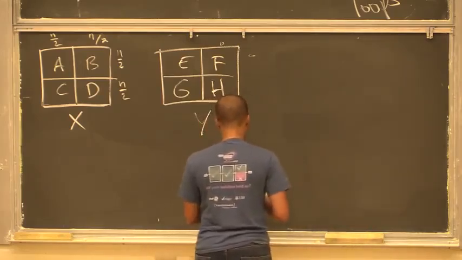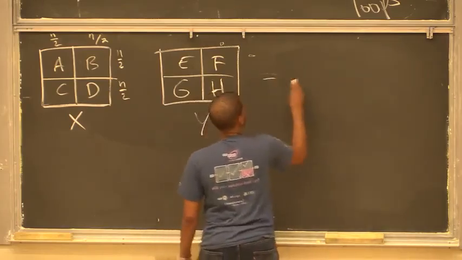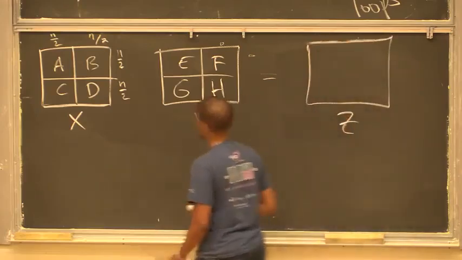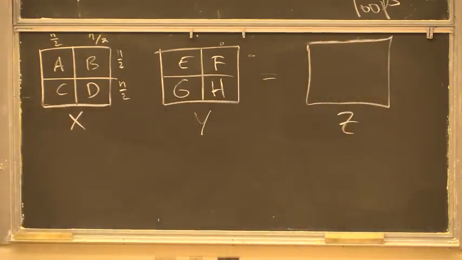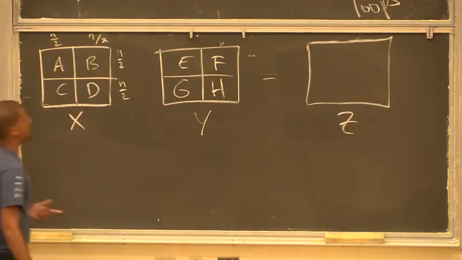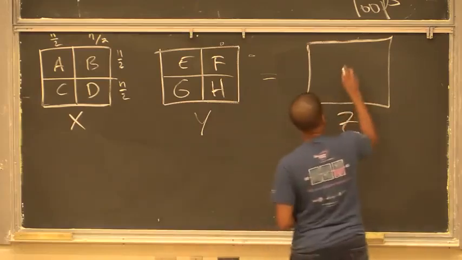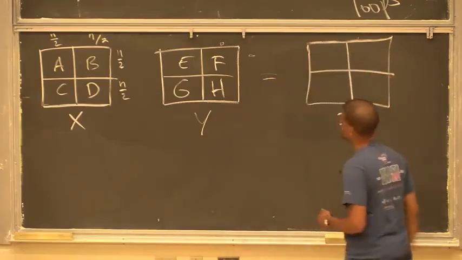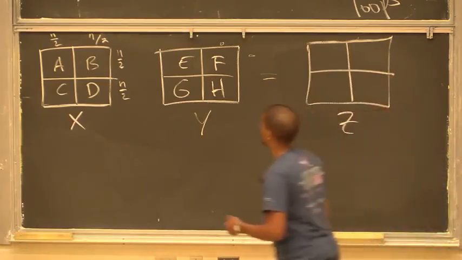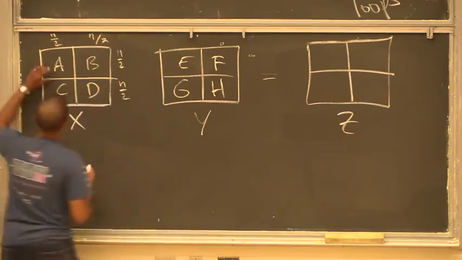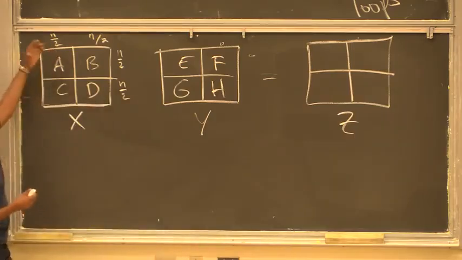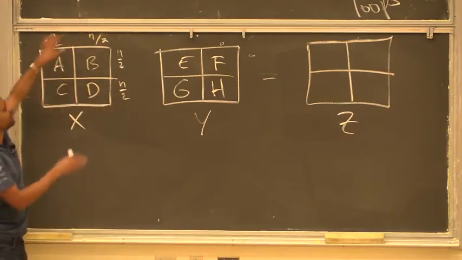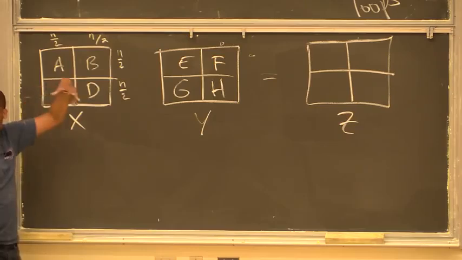And let me write that this product is equal to z. Okay. Now, how can I write the entries of z based on A, B, C, D, E, F, G, H? Well, it's also true that if you write the matrices in block form, just like you took the dot products of vectors there, you can basically take the dot product of blocks.